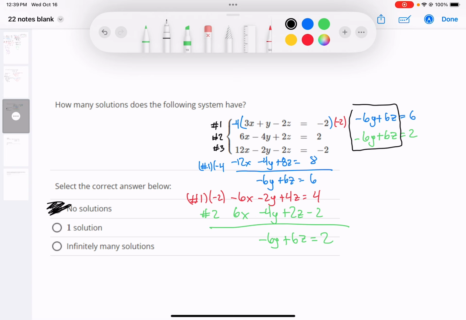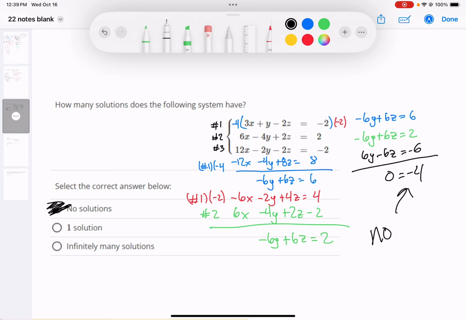And to kind of prove that, I could go through, change the sign of the upper one, times it by -1. So that would give me 6y minus 6z equals negative 6. Combine those, I'd get 0 equals negative 4. No solution. And if you get that at any point, it's a no solution.